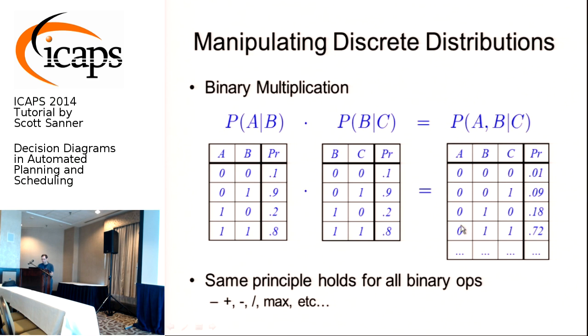So you can look at the output rows and compute what the corresponding values were in the input functions, because this must be the union of all the variables in the inputs. It's kind of like an arithmetic table join in a database. If I do this for times, the cool thing is I can do it for any operation: minus, max, and so on. If I did the max of these two functions, I would just take the max of 0.1 and 0.1 to get this.